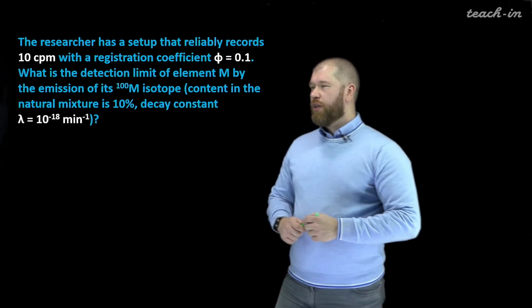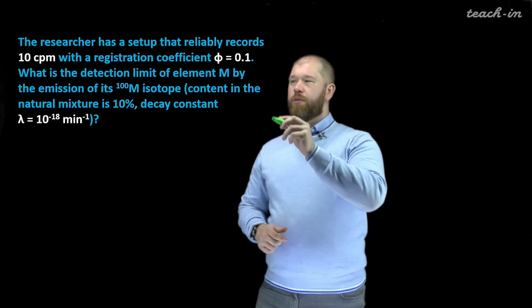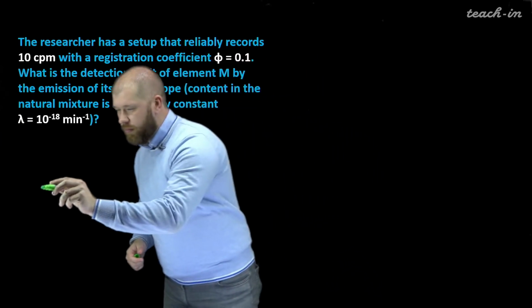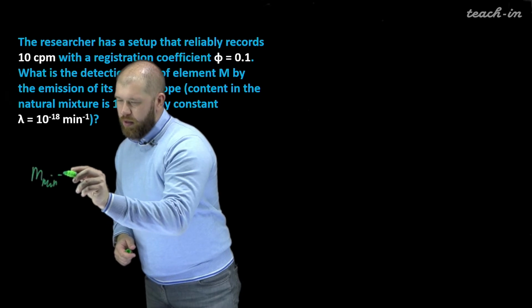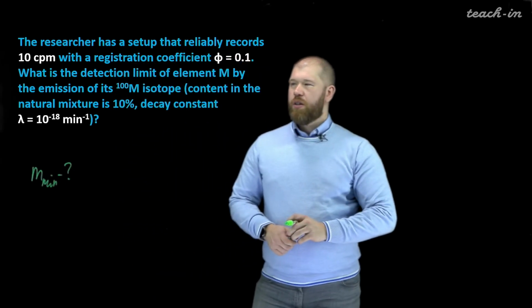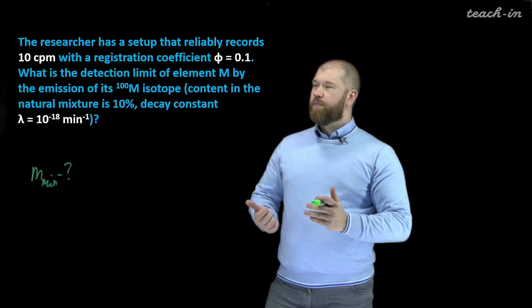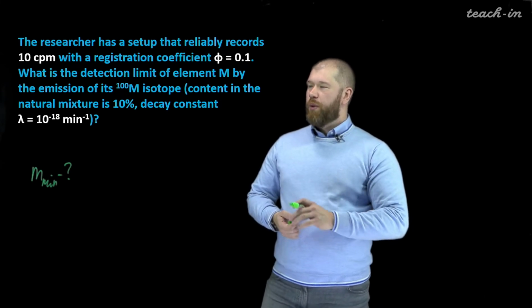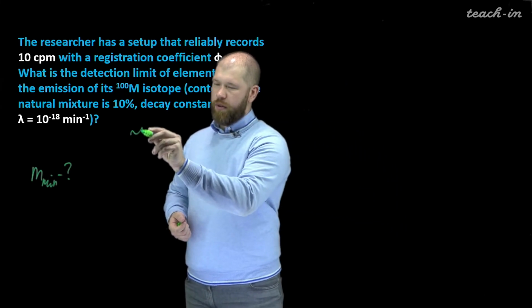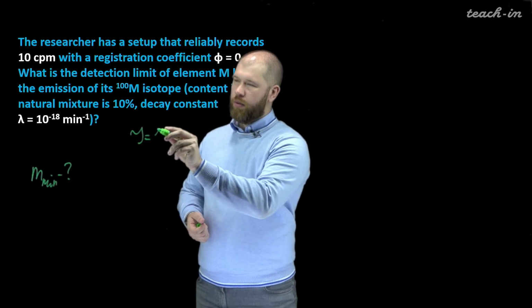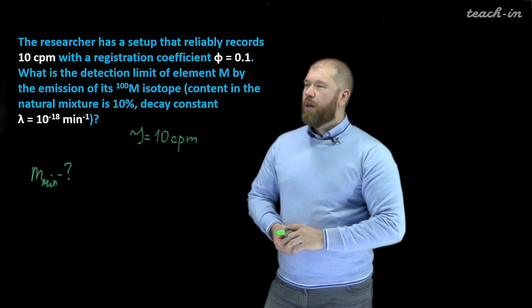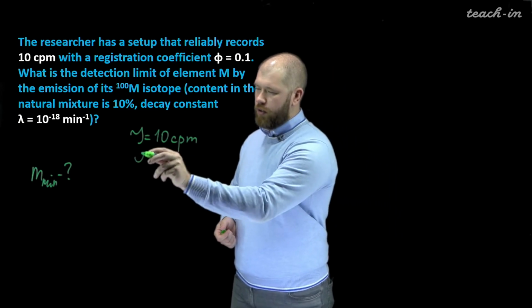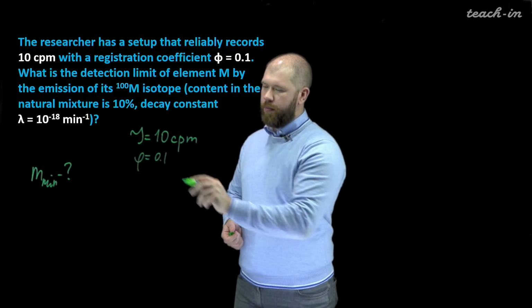Let's assume that we need to determine the minimum mass, m min, that we can measure with this detection system. What we know? We know the count rate, E, that is equal to 10 CPM. And we know the registration coefficient phi, 0.1.